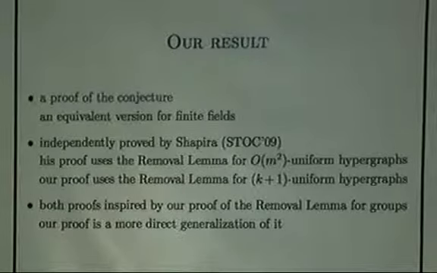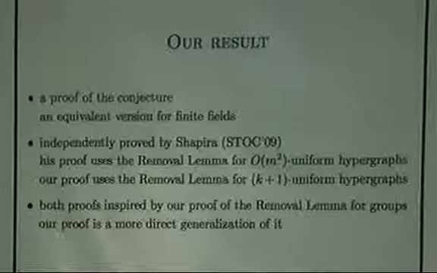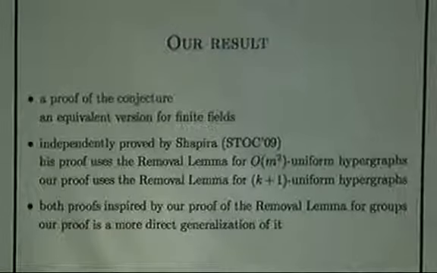Shapira's hypergraphs can be of order up to m squared. So m is the number of columns, the bigger of the two numbers. And our removal lemma uses k plus 1 uniform hypergraphs. So our proof is a somewhat more direct generalization of what we did, because if you plug in k equal 1, which corresponds to a single equation, you get just graphs in our case.